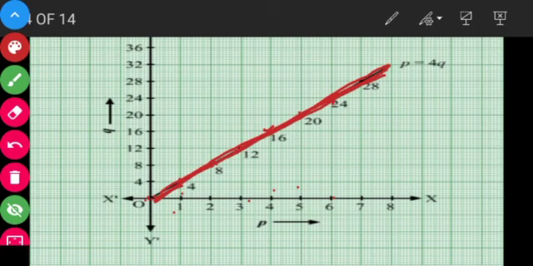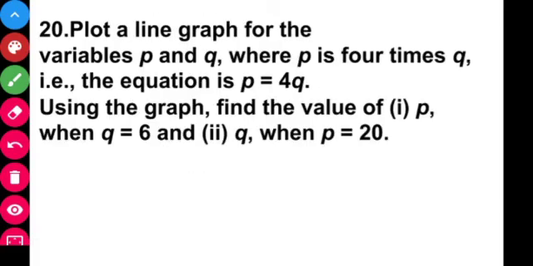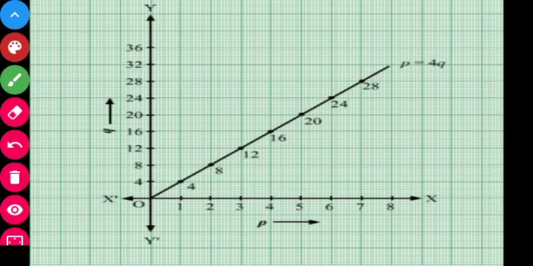Now come to the other questions. From the graph, find p when q is 6. So when q is 6, find the value of p with the help of the graph. Here q is 6, this point between 4 and 8.